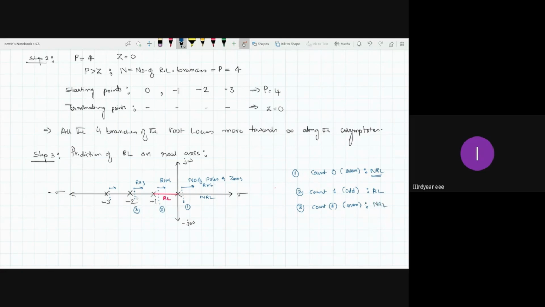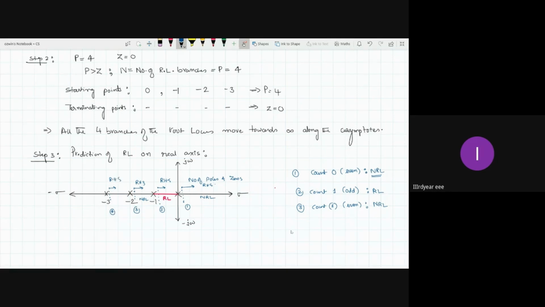So you don't have any root locus branch between -2 and -1. This part you can write as NRL. And then you go to section 4.